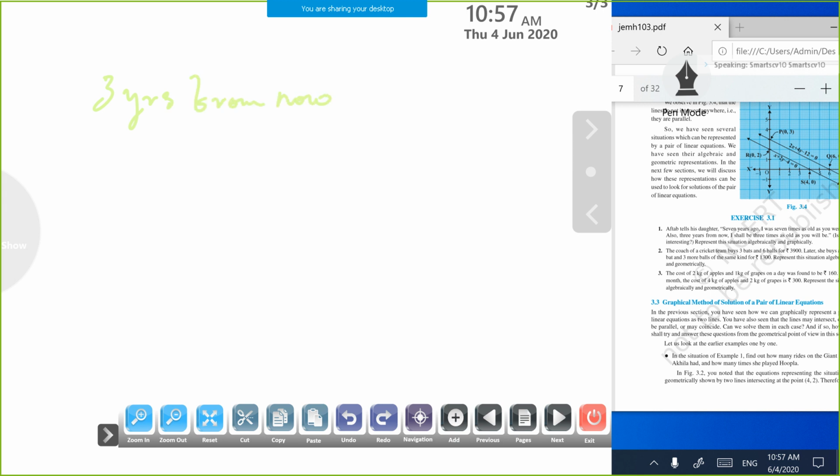According to 3 years from now, Aftab's age is x plus 3 and his daughter's age is y plus 3.